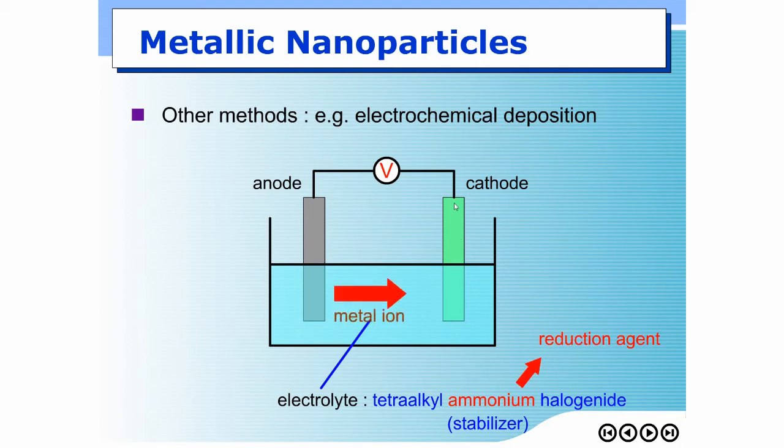So once we apply the potential, corrosion should occur on the anode, creating cations, and cations will be driven by the potential to the cathode. In high school, we observe deposition of cations onto the cathode. The process is called plating.